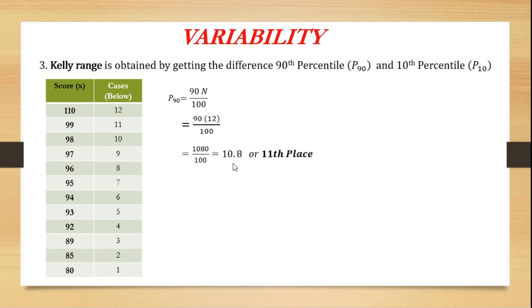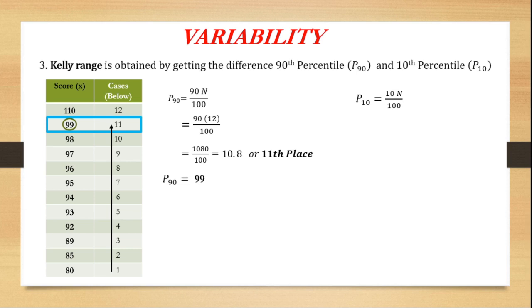Then we have to round up 10.8, that gives us 11th place. Let us now identify the 11th place in the table. This is the 11th place, and the data that falls within the 90th percentile is 99. Then we can say the 90th percentile is equal to 99.